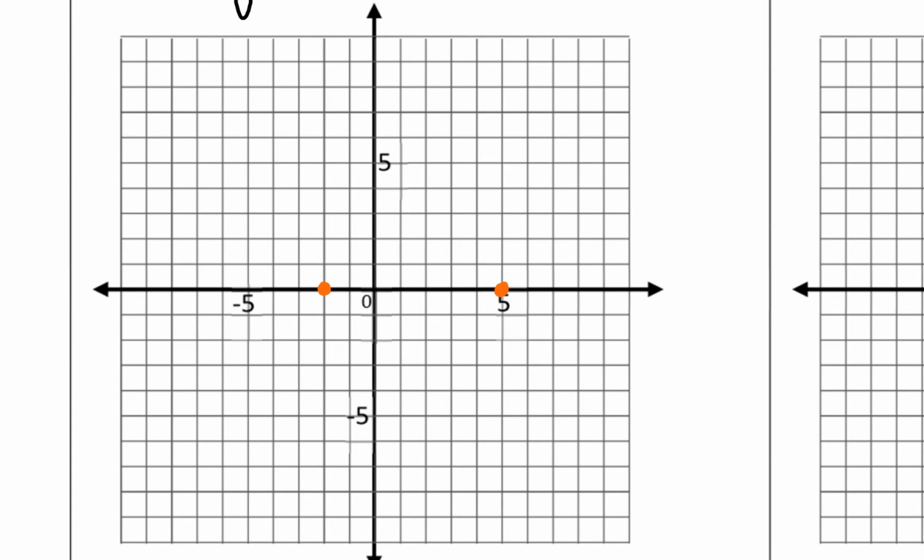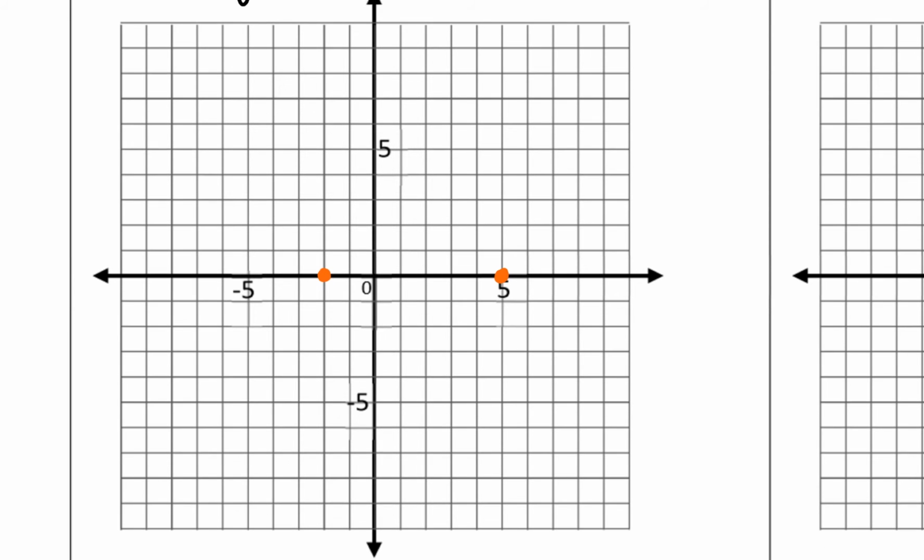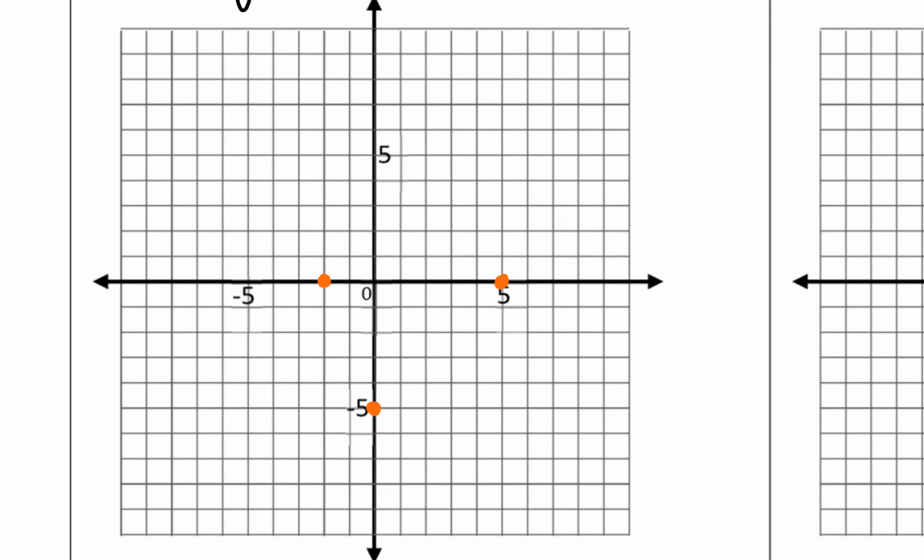It's pretty easy to come up with a parabola that has those roots, and we've done that many times. But I also want this parabola to have a y-intercept at -5. We'll verify this by using our graphing calculator and seeing that we really have created the parabola that goes through those roots and that particular y-intercept.